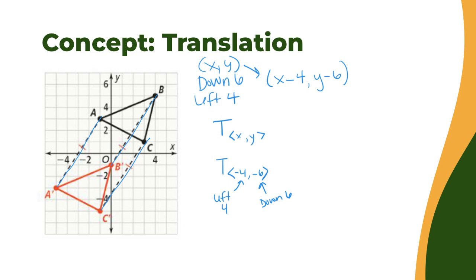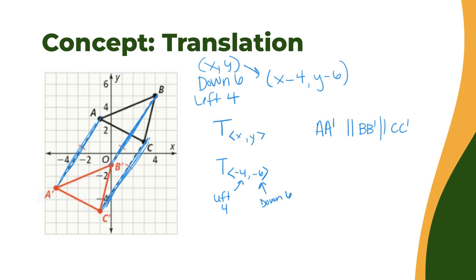So I could say that the segment A prime is parallel to the segment B prime, and it's parallel to the segment C prime. Those are the lines I just drew in, connecting a pre-image point to its corresponding image point.